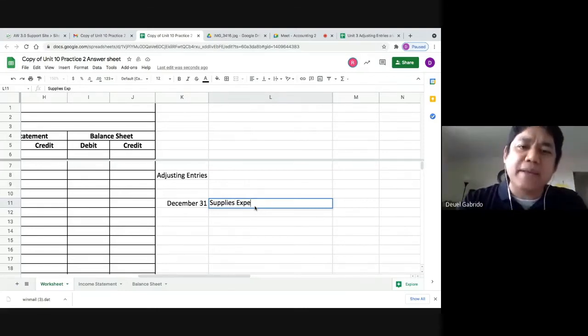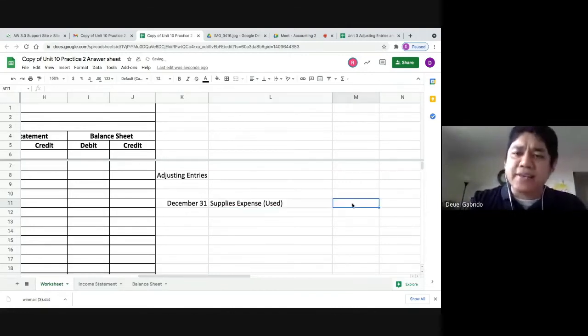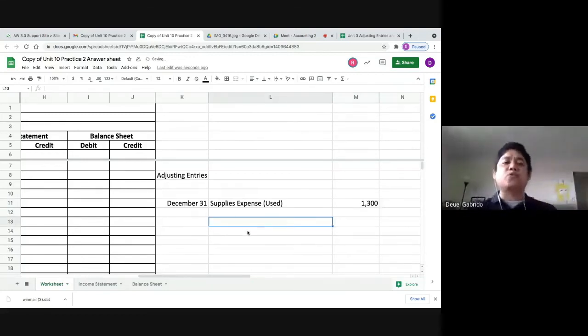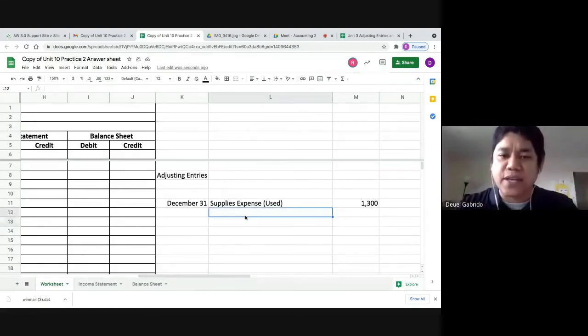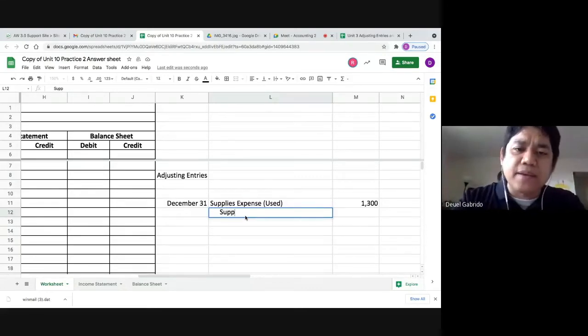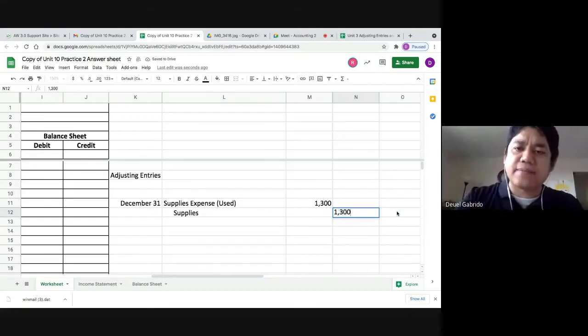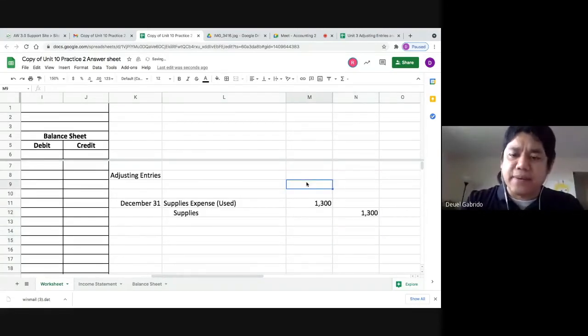Always debit the used portion, okay? Supplies expense is the used portion of the supplies. How much is that? You said 1,300, right? How did you get 1,300? You just subtract 700 from the total of 2,000, and this is the amount that we used. So supplies will decrease by 1,300 here. One debit and then one credit.